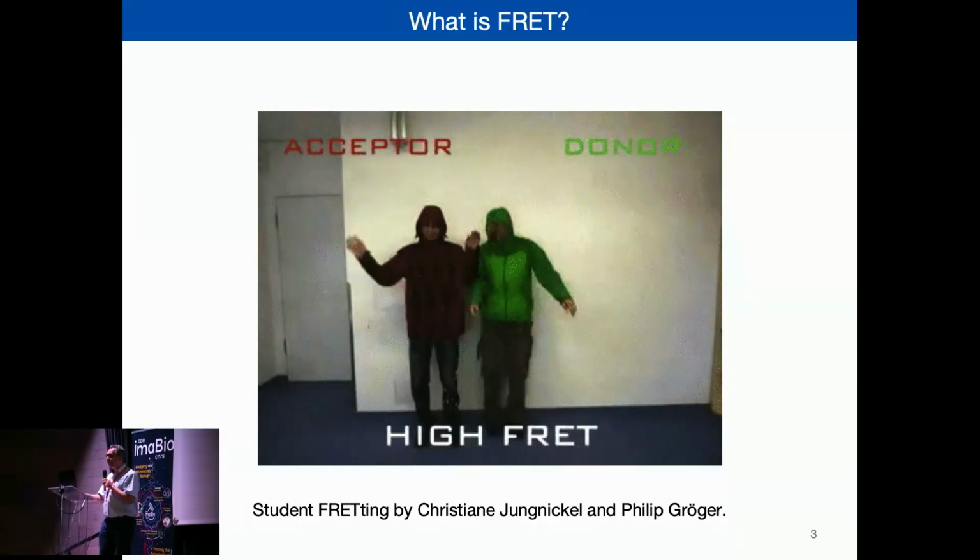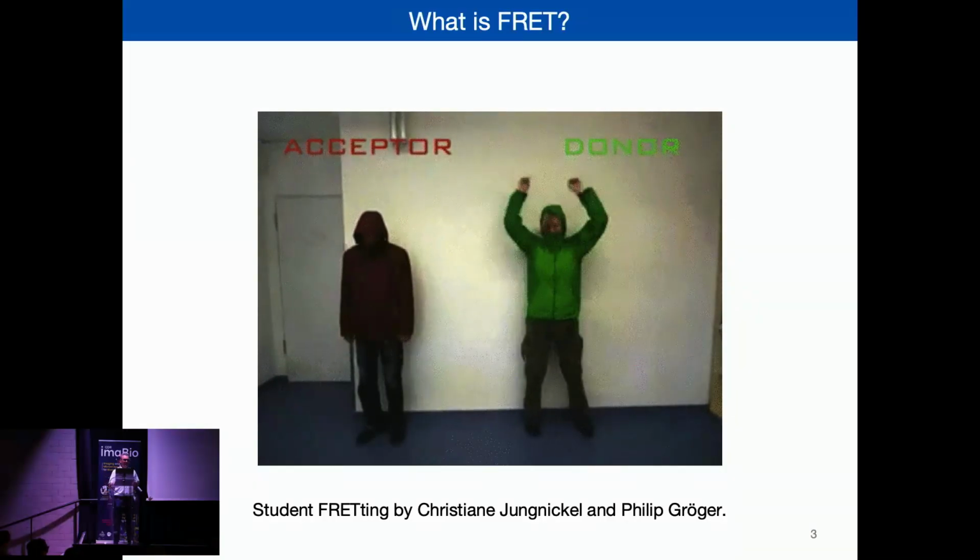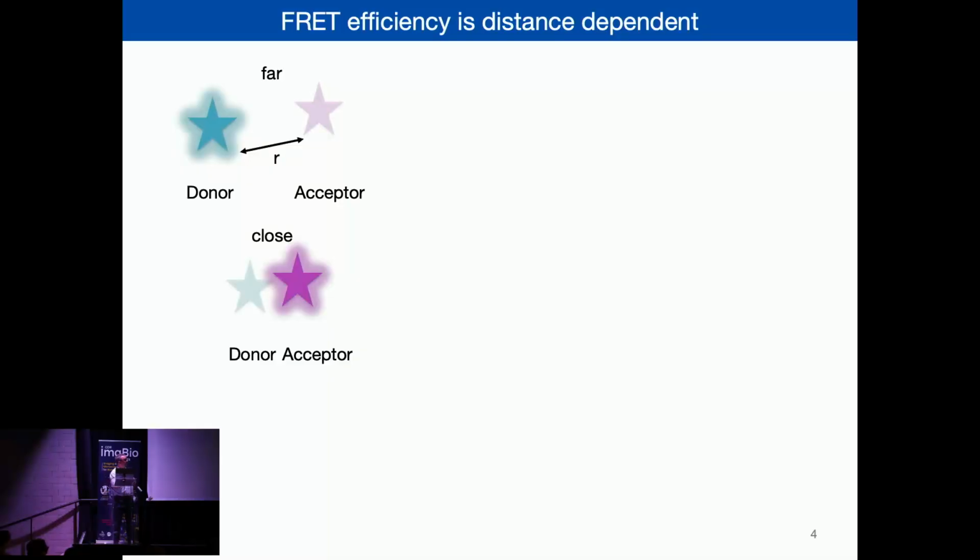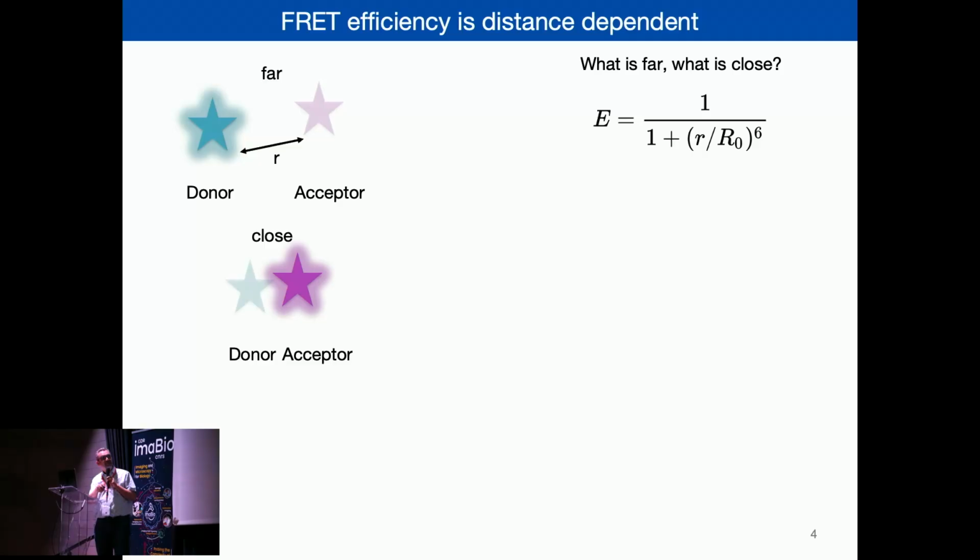So what we know when we talk about FRET is that when they are far apart, we don't get a lot of energy transfer, and when these molecules are close together, we get a lot of energy transfer. So the first question that you would like to ask, of course, is what is far and what is close? And of course, this is also something that we know from literature.